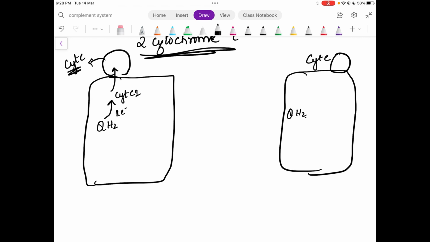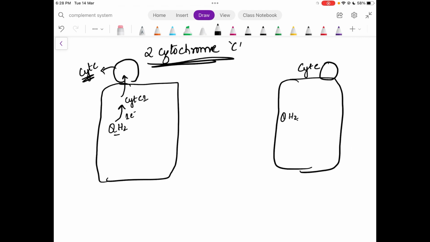One electron is transported from QH2 to cytochrome C. One more electron which is present in the QH2 is transported to Q, ubiquinone. This is converted into semiquinone. Okay, one free radical, one is called a semiquinone.